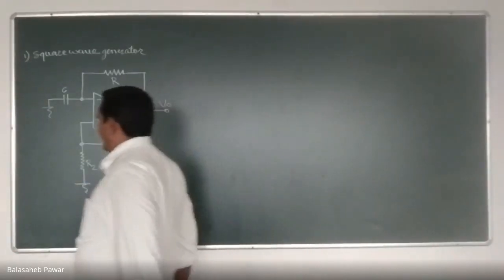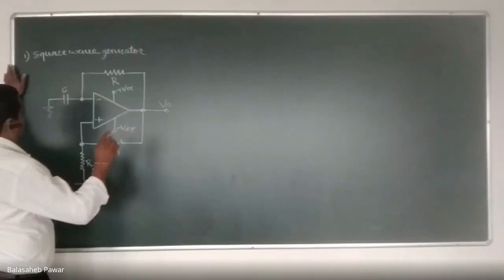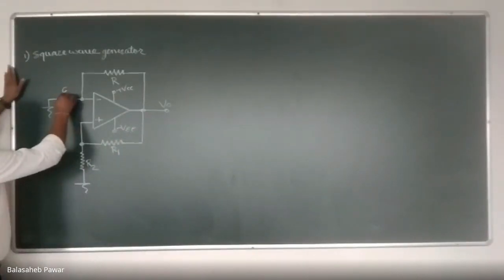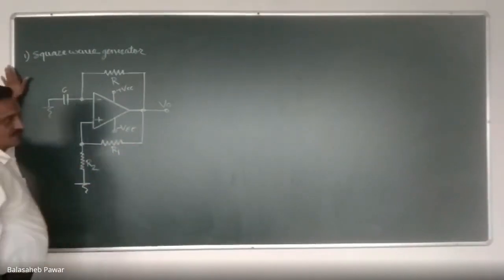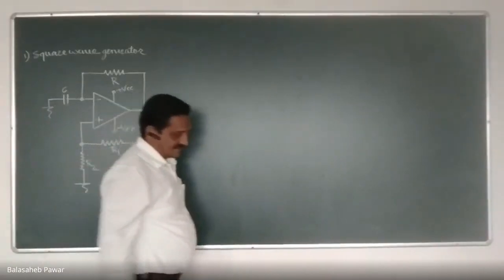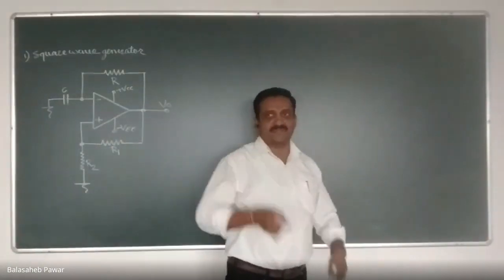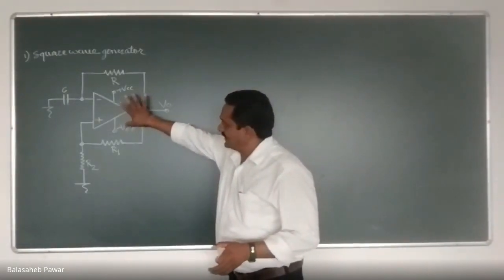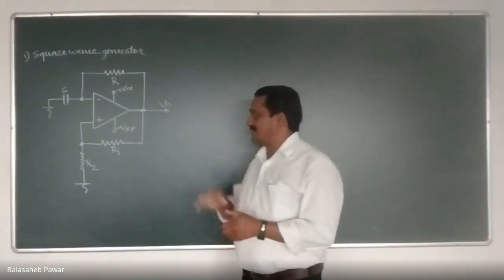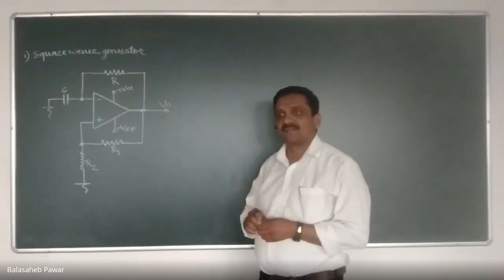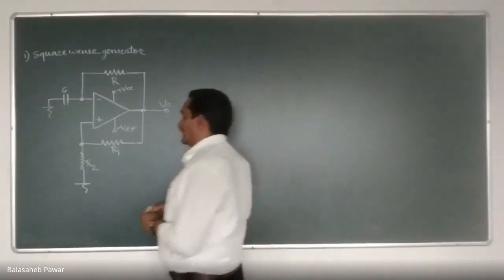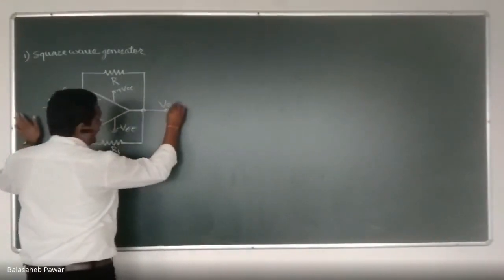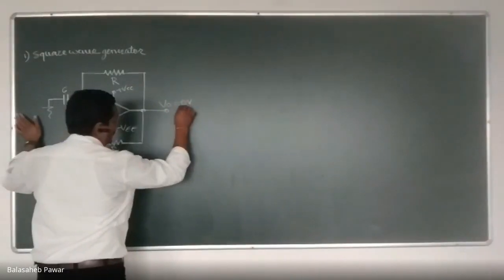So remember, I will consider at t equals to t0, whenever I turn on this supply which is connected to this op-amp as shown, practically can I obtain this output voltage exactly as 0 volt?